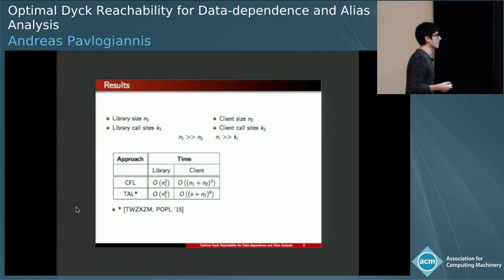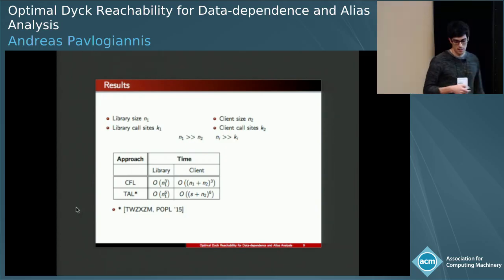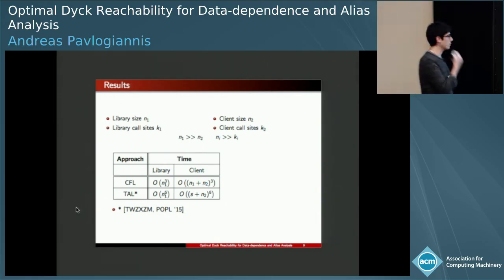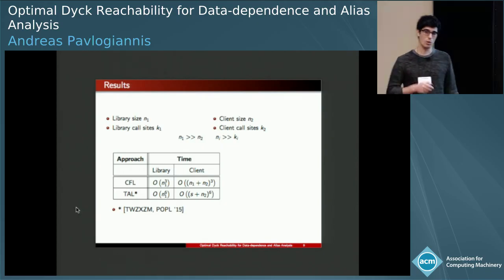There was an interesting approach proposed 3 years ago, which is that of using tree adjoining languages, a class of mildly context-sensitive languages, on the library side. With this approach, you can take care of callbacks to some extent, not completely.